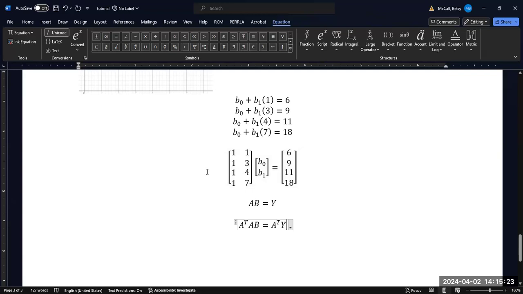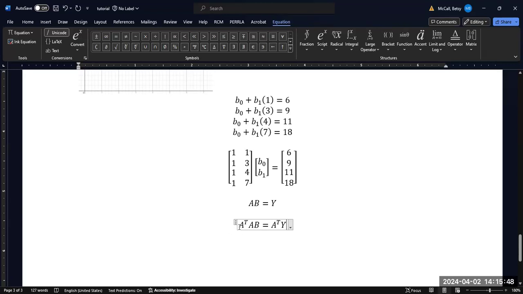Multiplying a 2x4 by a 4x2 gives you a 2x2 matrix. And so A transpose A is going to be a square matrix. And A transpose Y is still just going to be a vector, but it's going to be a 2x1 vector instead of a 4x1 vector. So at least dimensionally, we can justify saying, okay, this is now probably solvable.